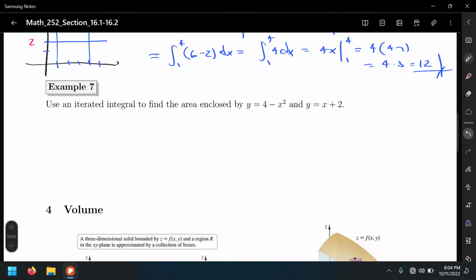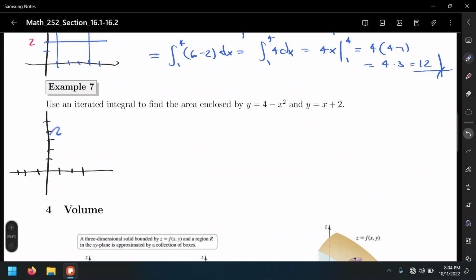And well, so what do we have? y equals 4 minus x squared. That's a parabola shifted up 4 units and opening down because of the negative sign in front of the leading coefficient, right? From the x squared.